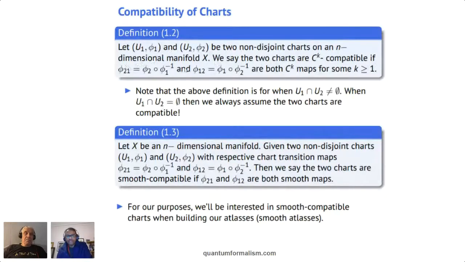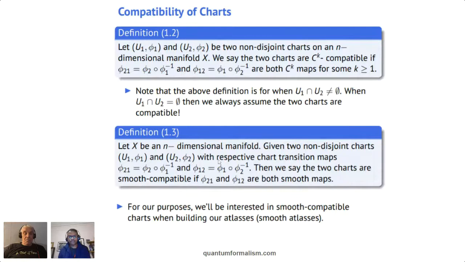Again, they are CK compatible if both transition maps are CK maps. If one of them is not CK and the other one is, they are not CK compatible. Likewise, if we have two charts on an n-dimensional manifold, we say they are smooth compatible, or C infinite compatible, if both transition maps are smooth.